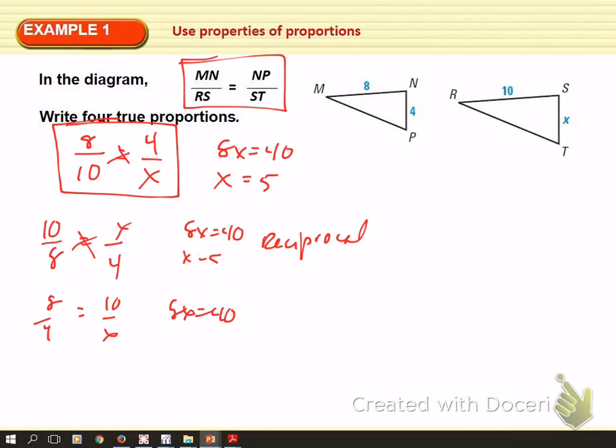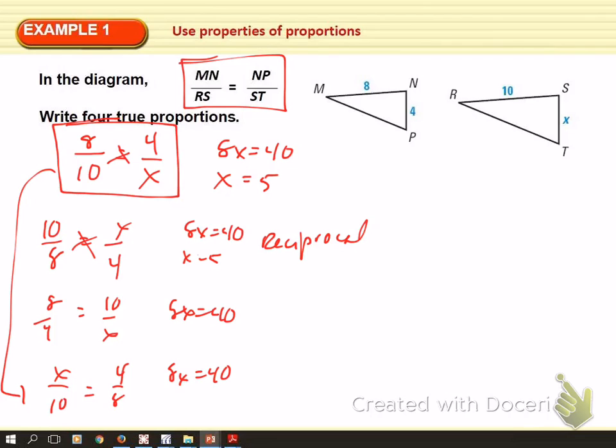It doesn't matter which diagonal you switch. We can even go like this: x to 4 equals, from the original, we can switch the means or the extremes. The extremes are the other diagonals. Again, knowing the names is not a big deal.